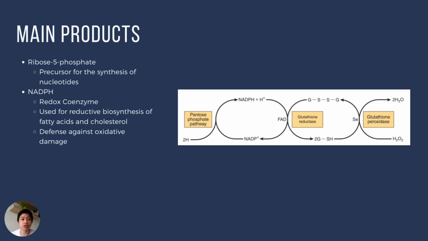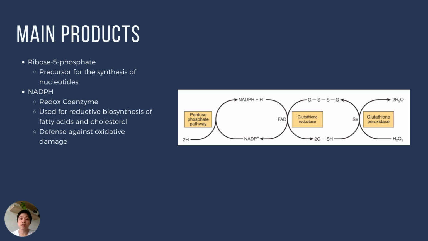NADPH is also used for the defense against oxidative damage. So remember that in the cells, because of the reactions that occur within the cell and in the cell membrane, there is production of free radicals, more so because we are utilizing oxygen in our redox reactions.